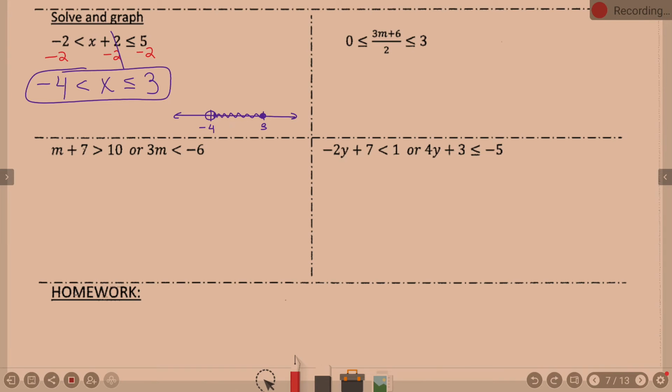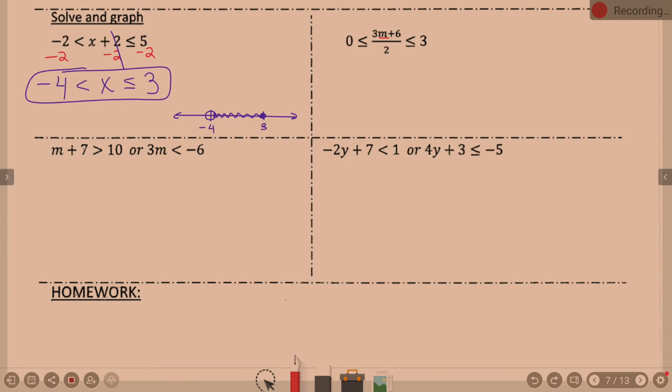Okay. So, last one, I want to get m by itself in the middle. So, think about what all is being done to m. 3m plus 6 divided by 2. What was the last thing I just said?